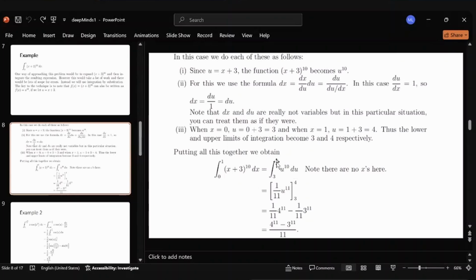Remember, even the bounds in this expression are in terms of x, so we also have to switch them to terms of u in order to get the final answer. However, when dealing with u substitution in indefinite integrals, those that don't have bounds, you have to switch the final expression back to x.